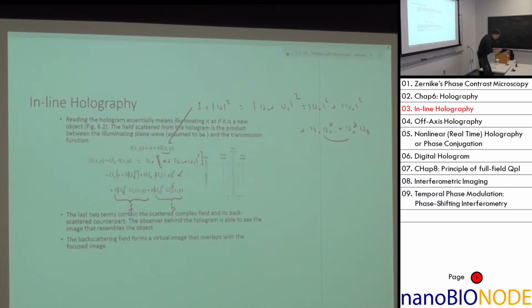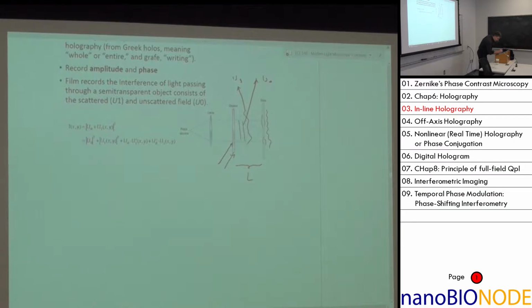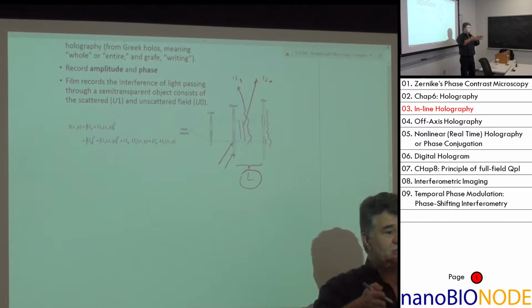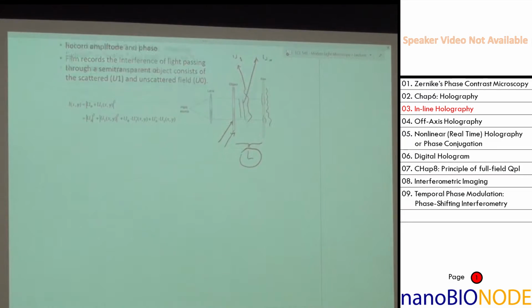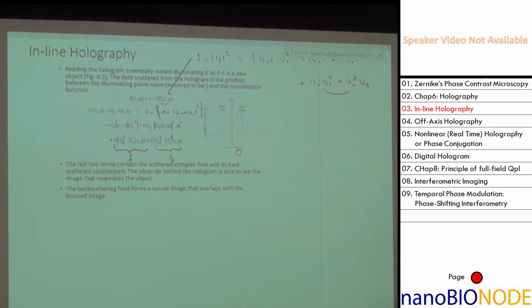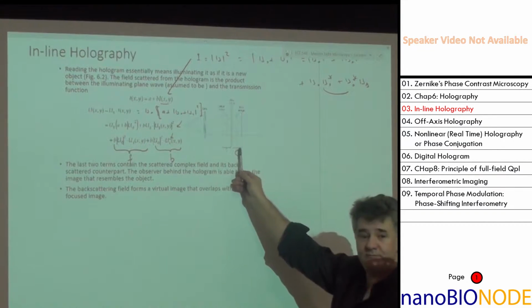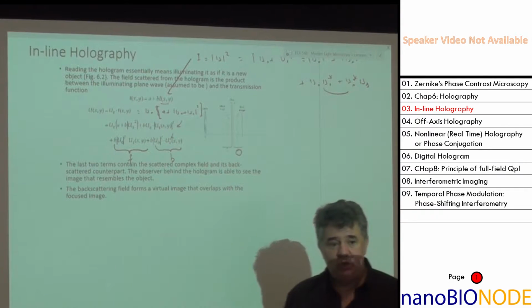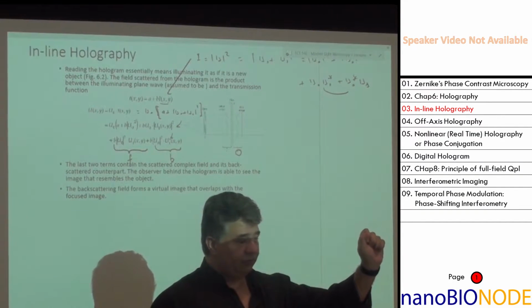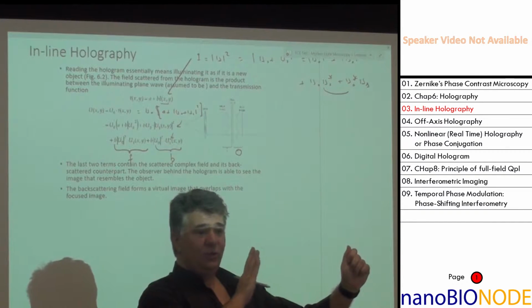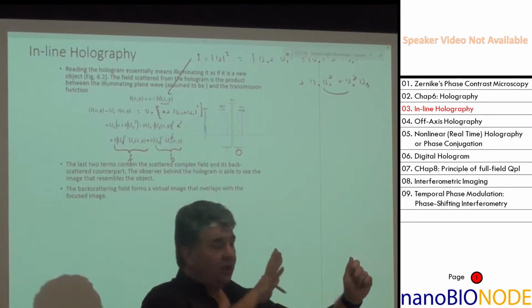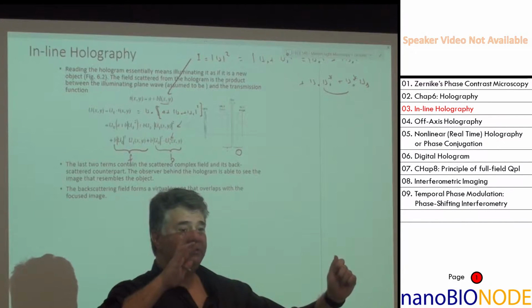Which means that if I go an exact distance away, like the distance where the hologram was from the object when I wrote it, what I'm going to get is an exact replica of the object at the exact same distance. Okay? So I illuminate the written hologram with the plane wave, and if I look exactly at the distance where the hologram was sitting when I recorded it, I'm going to see a perfect object coming in, phase and amplitude.